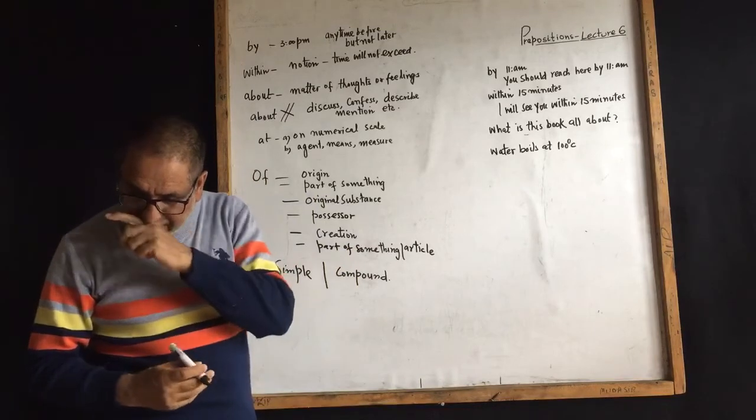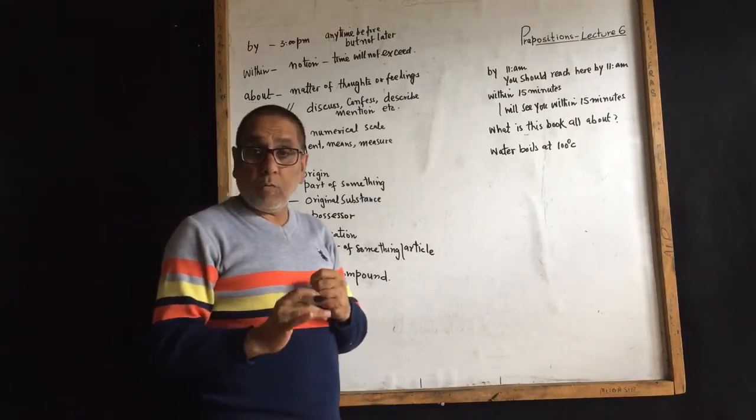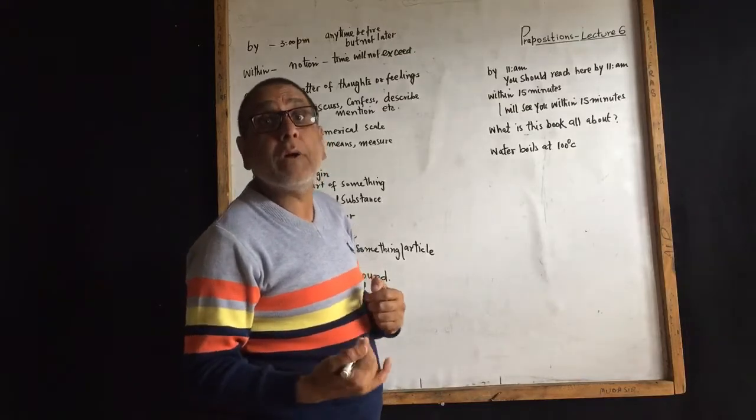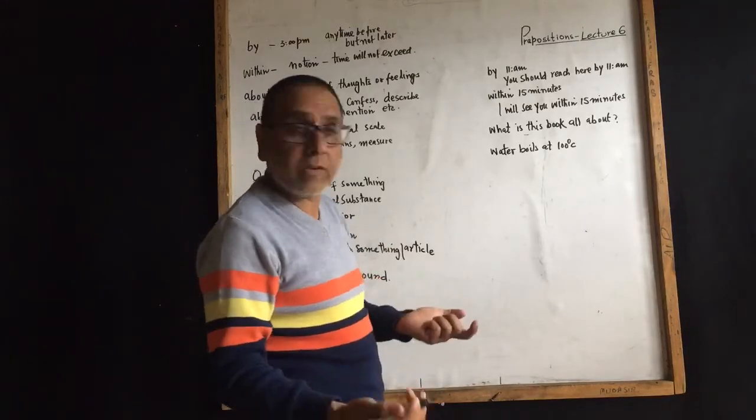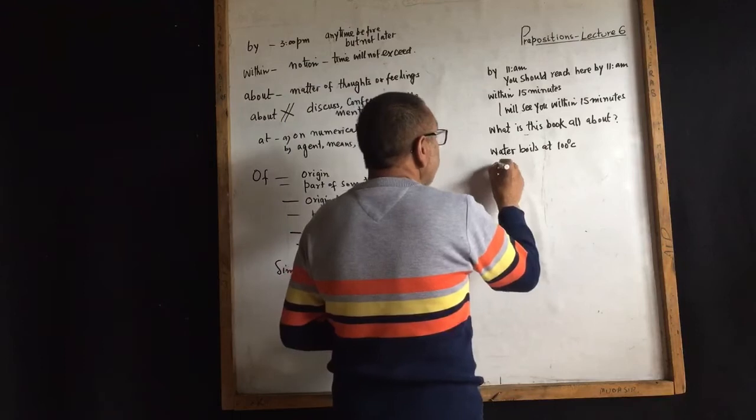Accordingly, Aslam drove at 200 kilometers per hour. So he was driving very fast.